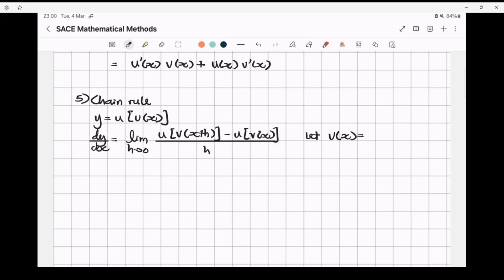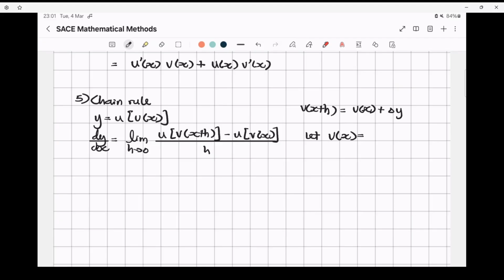You will need to assume that your v(x+h) is approximately v(x) plus a small change in y. So this is the thing that you need to assume if you use this particular definition.